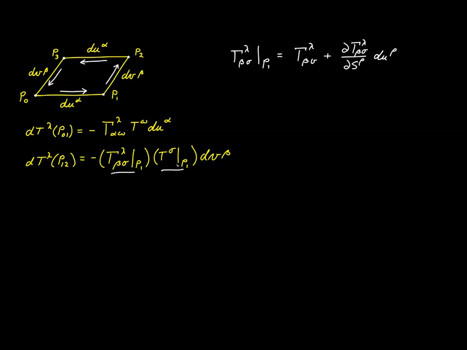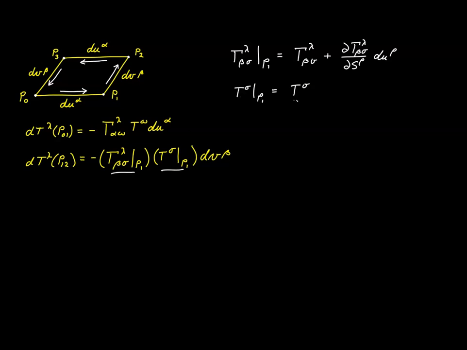Okay, well, what about the vector itself? T sigma evaluated at point P1 is going to be equal to the value of that vector at point P0 plus whatever infinitesimal change occurred as we transported from here to here. Well, we've got that value right here. This dt lambda is the change of the vector as we move from here to here, so we simply have to add this particular term to this one to get the value of the vector at P1.